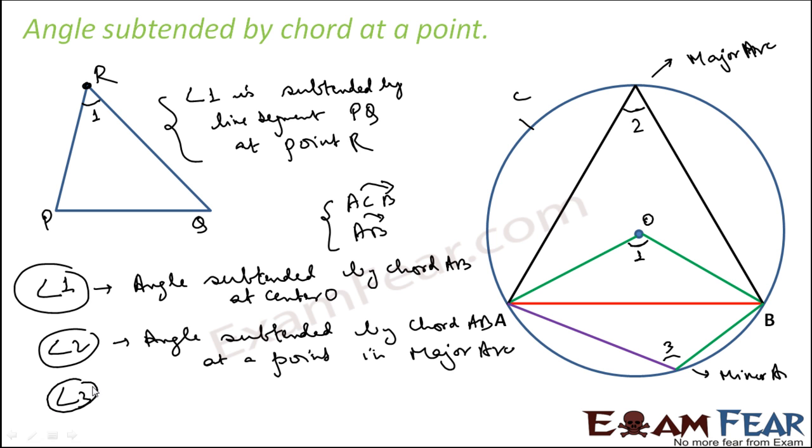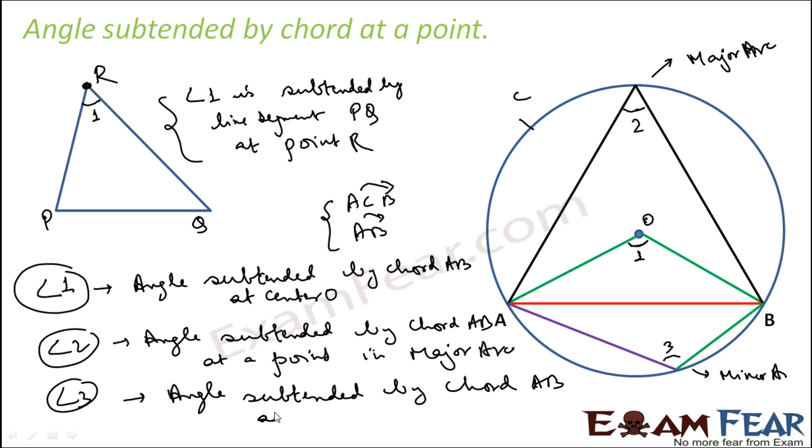Angle 3 is what? Angle subtended by again chord AB at a point in the minor arc.